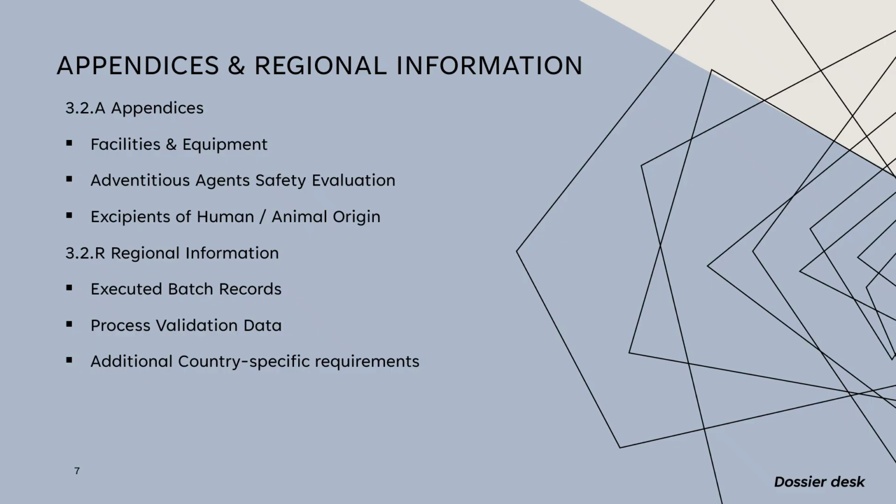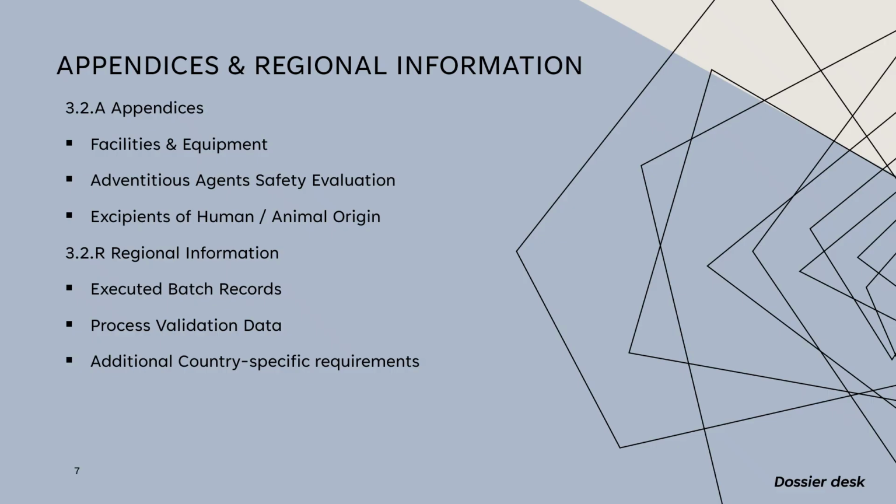Section 3.2.A includes appendices such as facility information, equipment details, and safety evaluation of materials of animal or human origin. Section 3.2.R contains region-specific requirements.